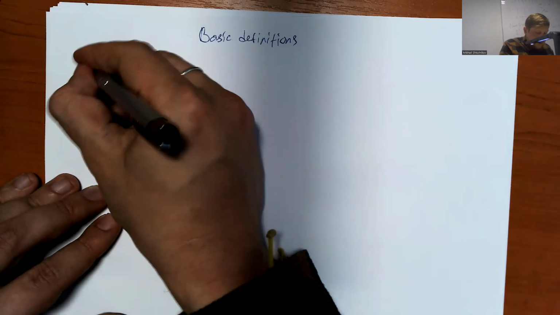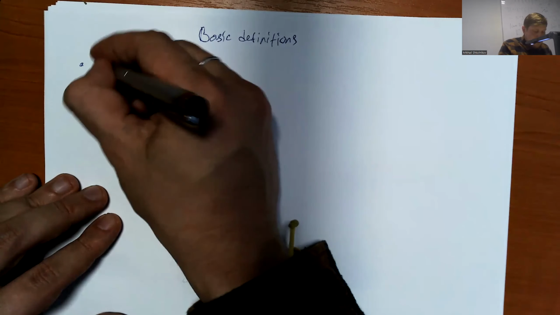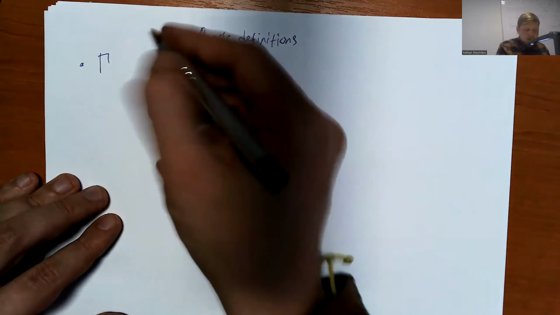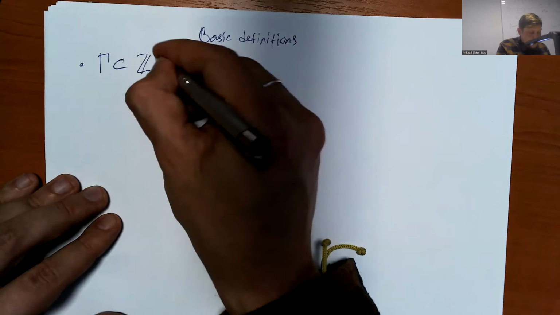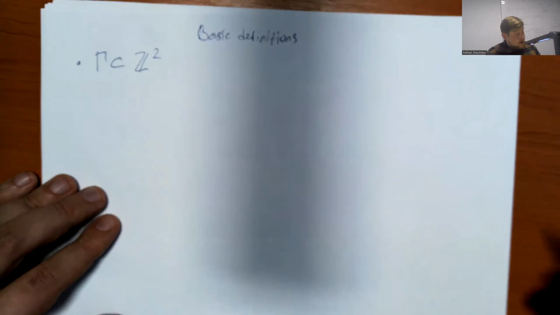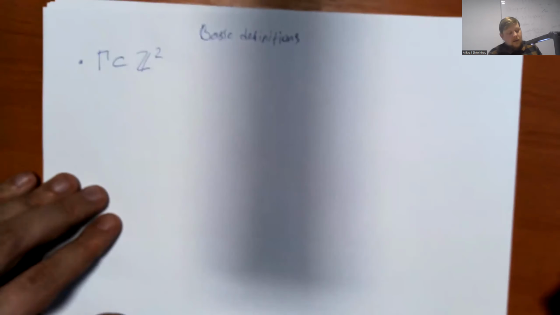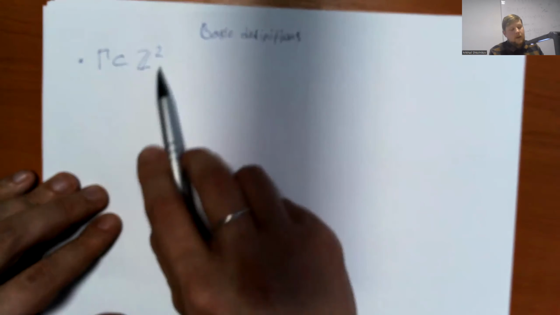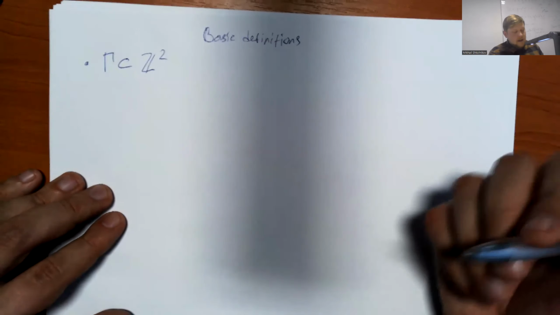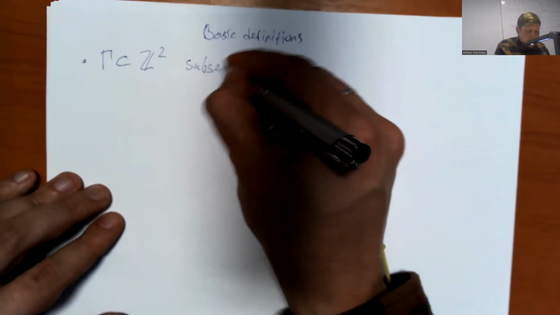And for that, let me start with gamma. So there are different letters. I prefer gamma. And for us, for now, it will be a subset of the square lattice. In principle, it can be any set of vertices of any graph. And this square, we actually think of as a graph where we connect by horizontal and vertical edges.